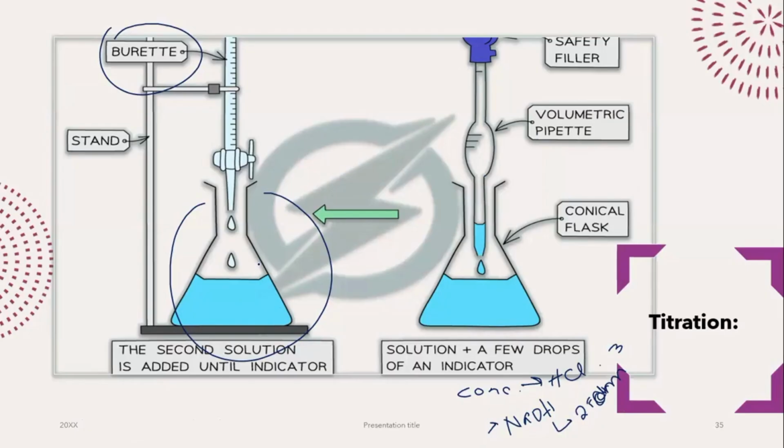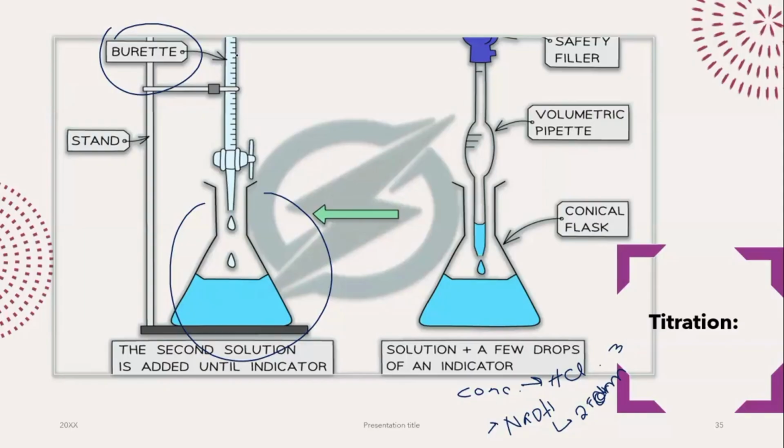I'll follow it up with an indicator. You have multiple indicators in your syllabus. Do make sure you go through them. Open up your burette. Let the drops fall one by one. And then the moment the color changes, you'll close the tap and you will note down the value.